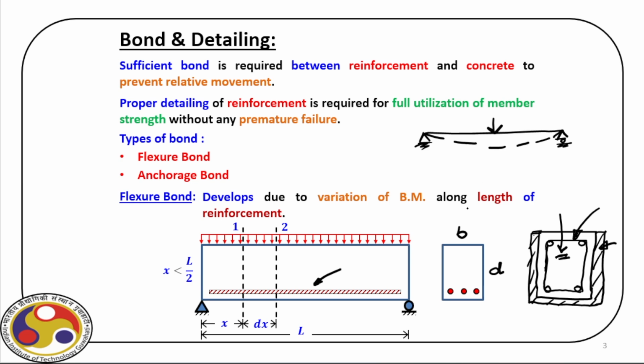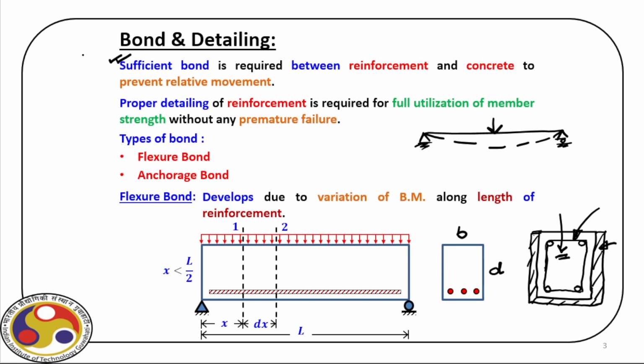Now if there is no proper bonding between concrete and steel, then what will happen? There may be a slip between these rebars, as you can see here, and the concrete surrounding it, and that may actually lead to failure. And that's the reason when we design a beam, there should be sufficient bond, and the bond strength we have to check.